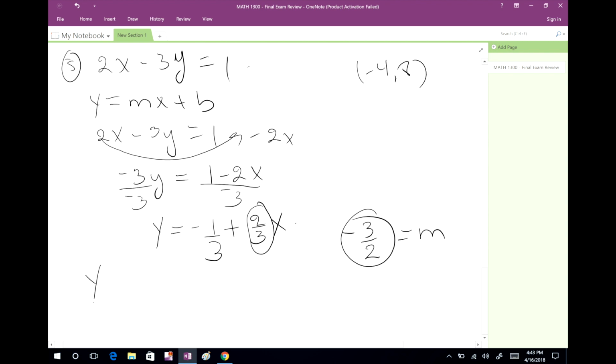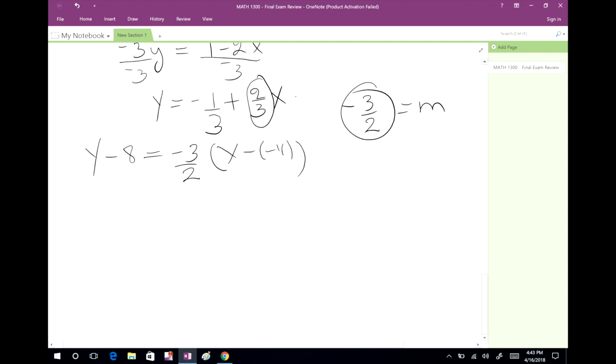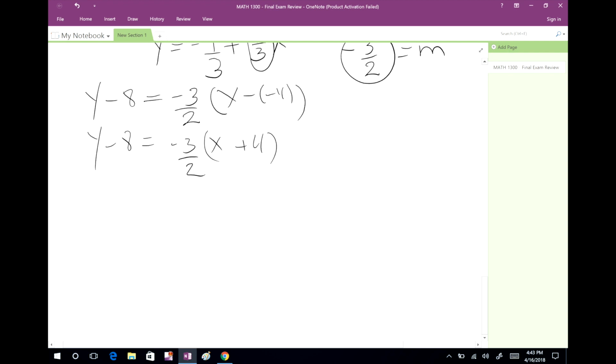So I get y minus 8 equals negative 3 over 2 times x minus negative 4. The minus and the negative sign become positive: x plus 4. Now we can distribute the negative 3 over 2.